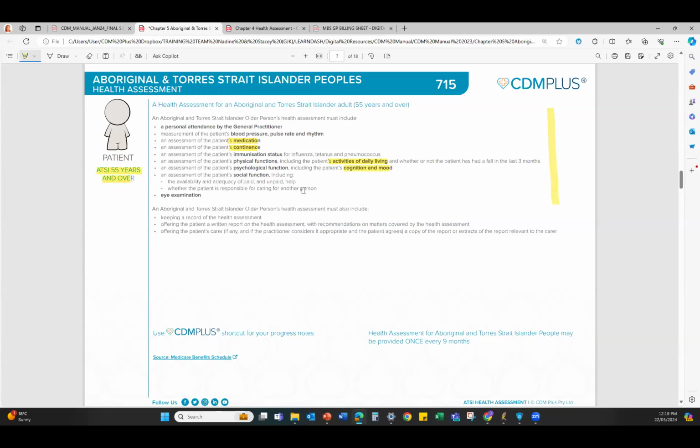So depending on the software you're using, a lot of these screening tools are actually available in your software. I'm going to show you in Best Practice today some of these screening tools, and then I've got the other ones ready that we can have a look at afterwards. I think it's really good to have a process in place.